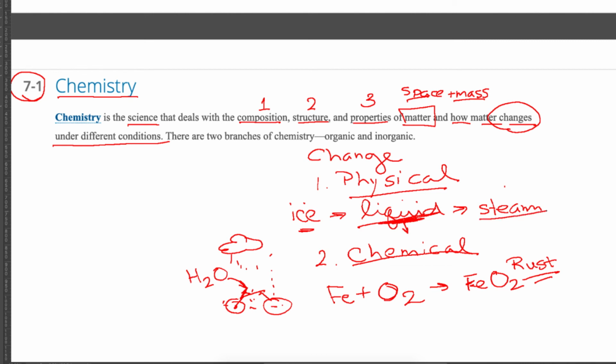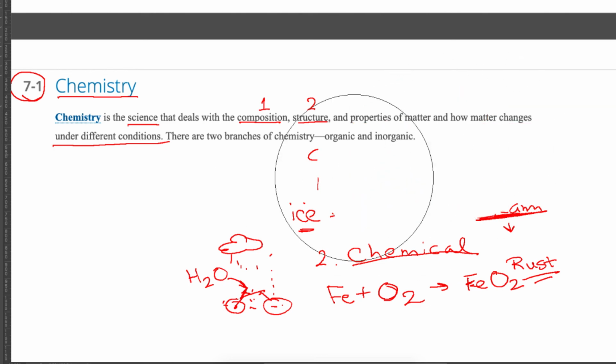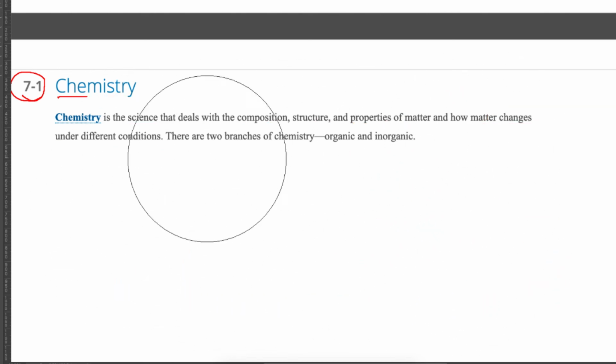And if it's very, very hot, like in Texas, water quickly begins to evaporate and becomes steam. Now, the last thing that we want to take a look at in this introduction of chemistry is that there are two branches of chemistry, and that's the next thing that we'll take a look at.